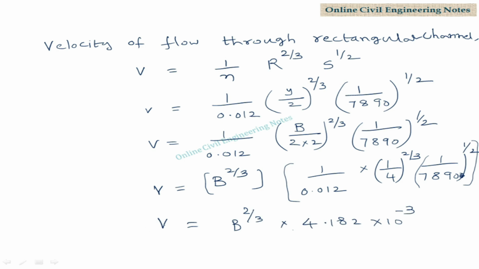Now substitute this V and A in the discharge formula. Q is equal to A into V. A is equal to B into Y, into velocity B power 2 by 3 into 4.182 into 10 power minus 3. We know Y is equal to B by 2.